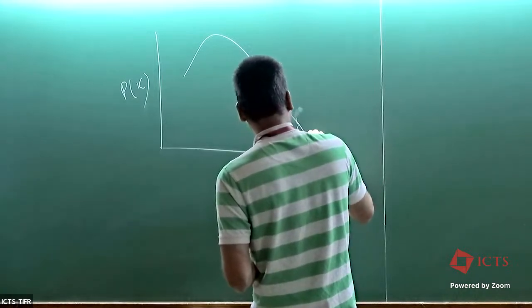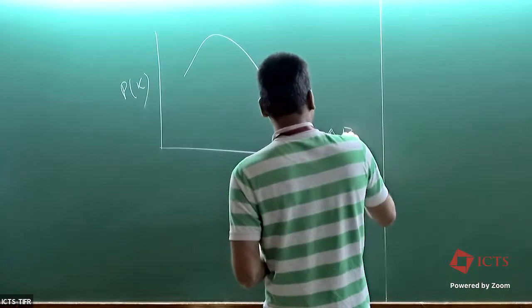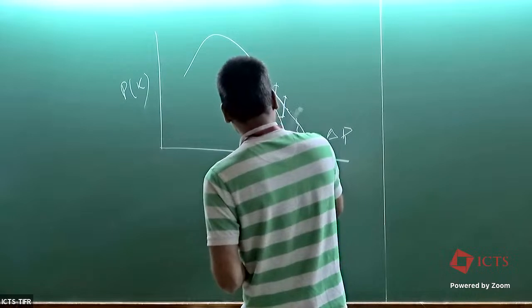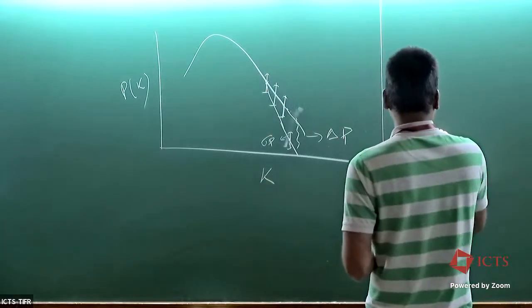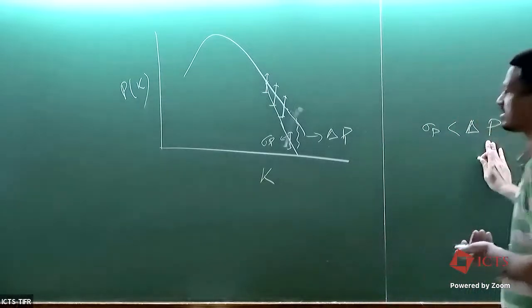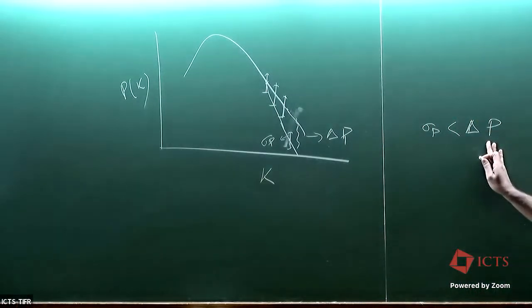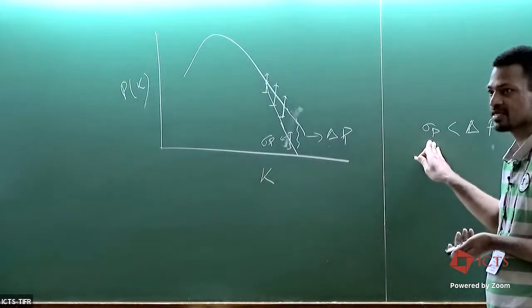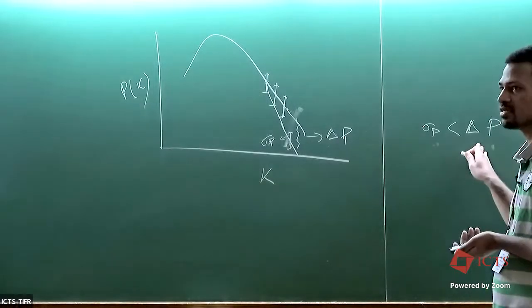So if this is the difference, delta P with respect to neutrino, and this is your error, sigma P, then your sigma P has to be smaller than delta P, where delta P is the amount of suppression given the true neutrino mass in the universe. Since our error is always large to begin with, you will not get any lower limit.